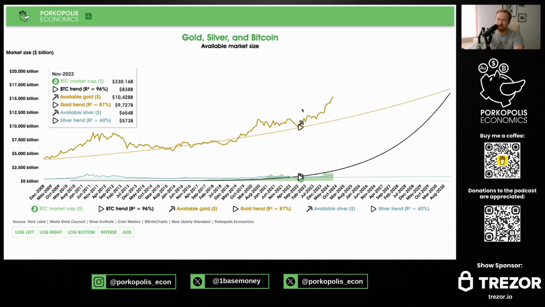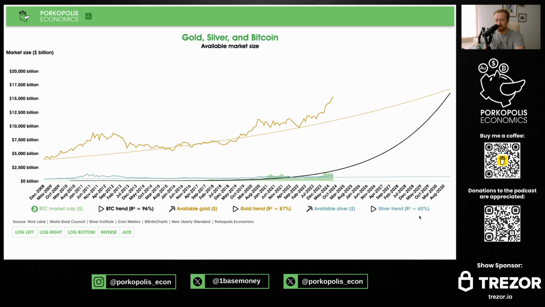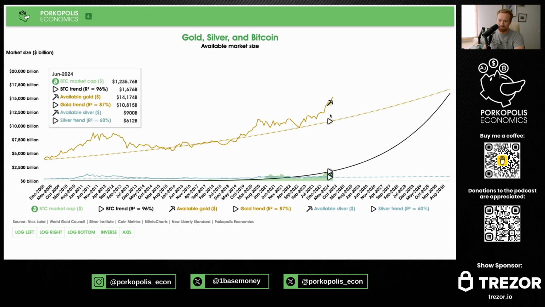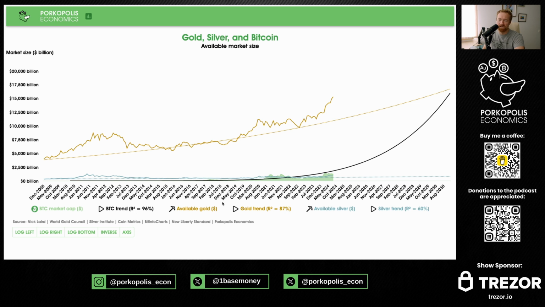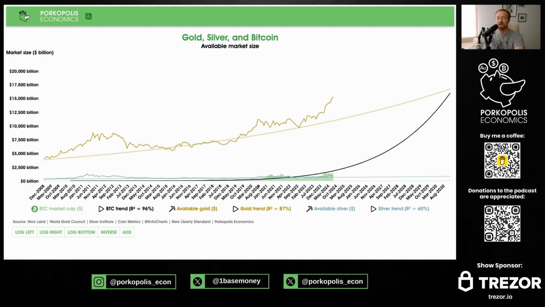It's better that it moves around the trend line than it would move around a straight average. That's what the R squared tells us. It tells you that silver moves around its trend line 60% better than the average. Gold moves around its trend line 87% better than the average, and the Bitcoin market cap, I should say, moves around the trend line 96% better than the average.